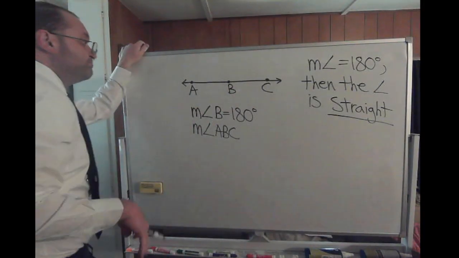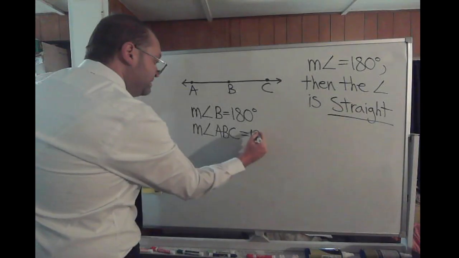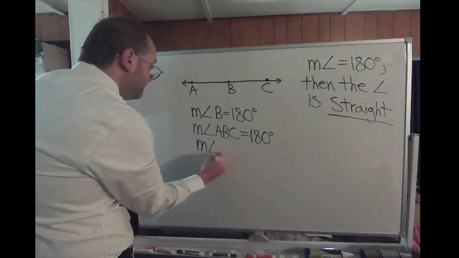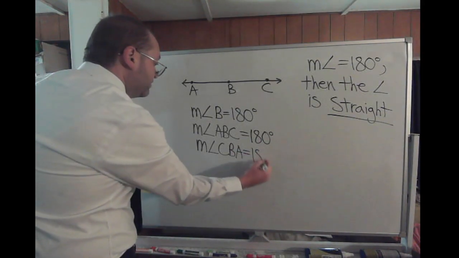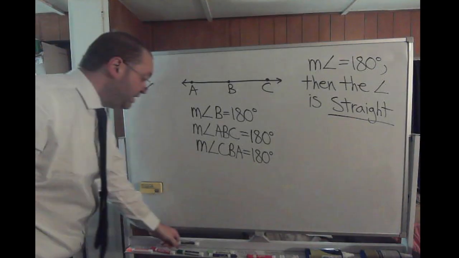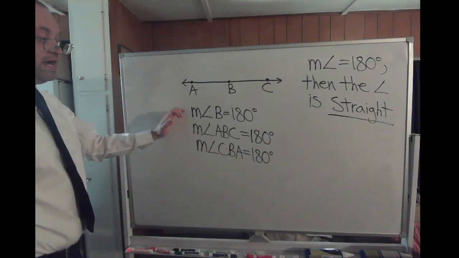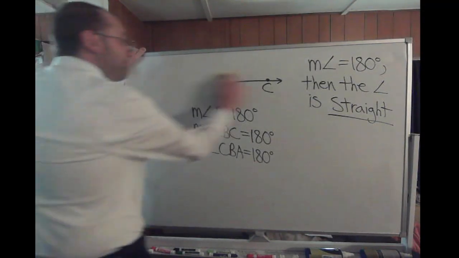It just looks weird because it's a straight line. But the measure of angle ABC, that's 180 degrees. Or you could say the measure of angle CBA equals 180 degrees. So that there is a straight angle, and so far we've seen how to write the measure of an angle in geometric terms.